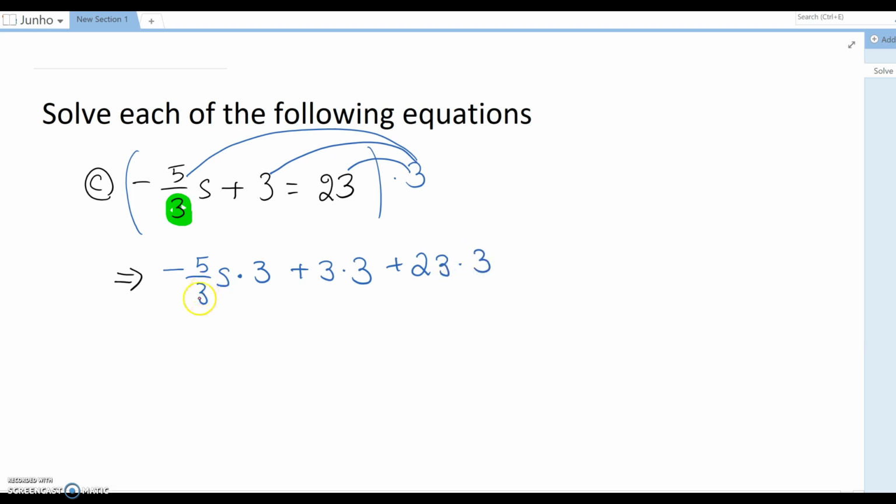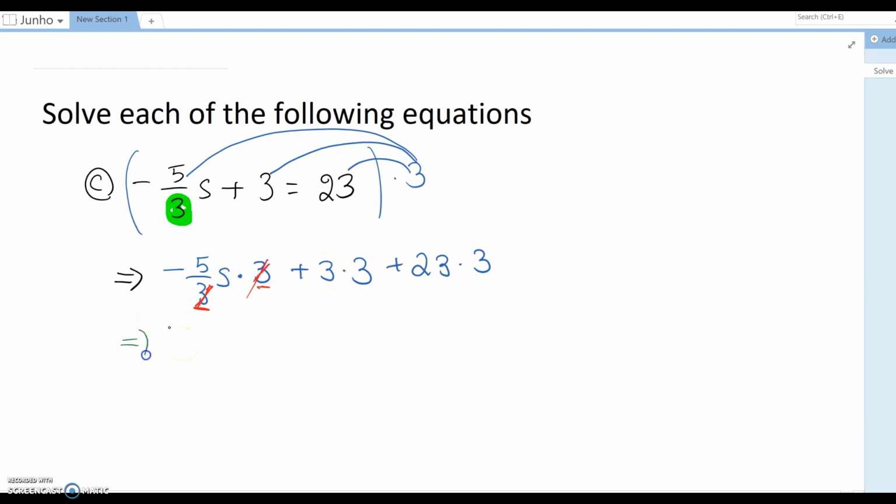Since this is the denominator and that's a whole number here, you can cancel them out. Or you can just multiply negative 5 and 3, which is negative 15, and divide by 3, that's also fine too. But to reduce some calculation, you can actually cancel this out.